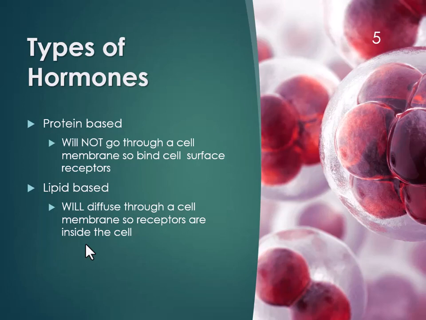Lipid-based hormones are either synthesized from cholesterol or fatty acids, and because they're lipid, like the cell membrane, will diffuse through a cell membrane. So the receptors for lipid hormones are always found inside the cell. Okay, protein binds receptors on the surface, and lipid-based hormones bind receptors inside.